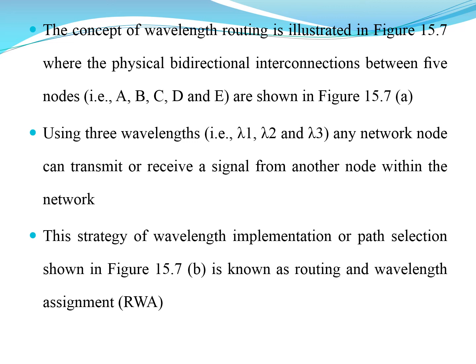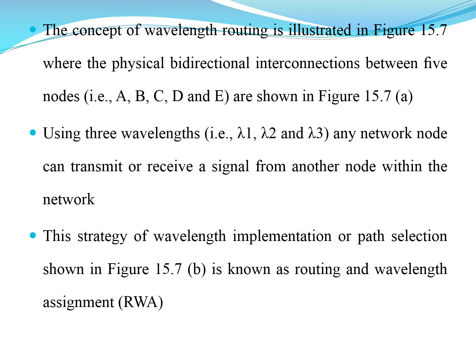And the concept of wavelength routing is shown here, where the physical bidirectional interconnections between the 5 nodes A, B, C, D and E are shown. Using 3 different wavelengths here, lambda 1, lambda 2 and lambda 3, any network node can transmit or receive a signal from another node within the network. So this is possible with this particular network.